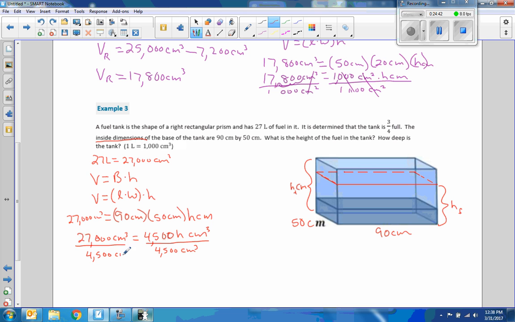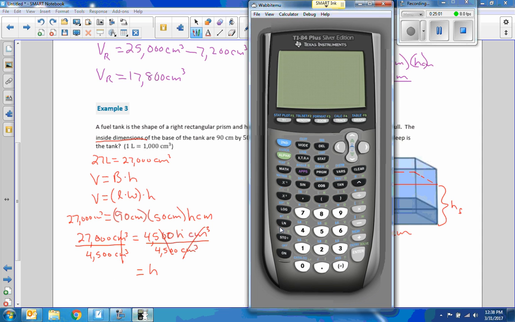The centimeters cubed are going to cancel. The 4,500 are going to cancel. And we are going to get H all by itself here, and 27 divided by 45. And that is 0.6.